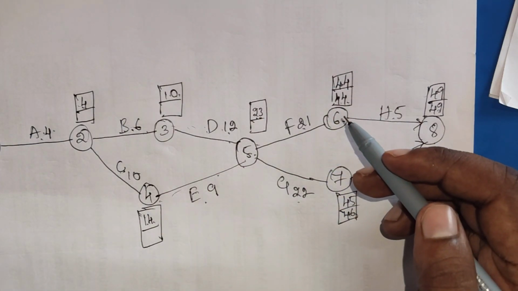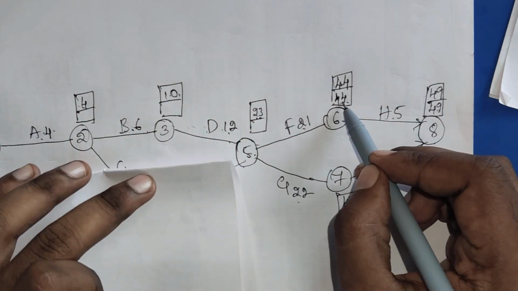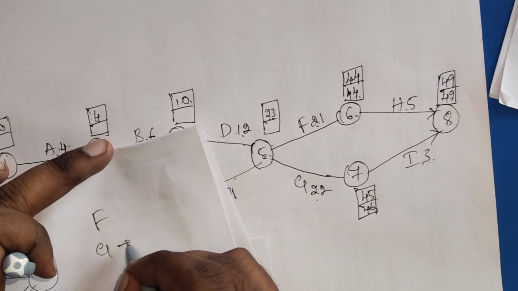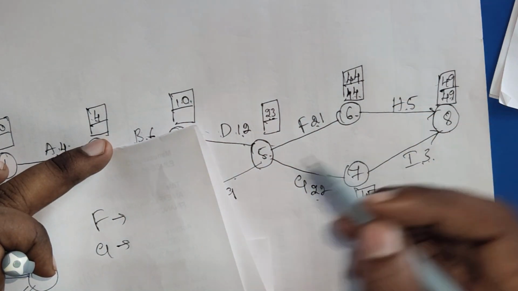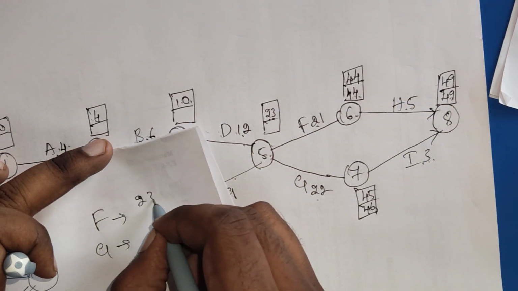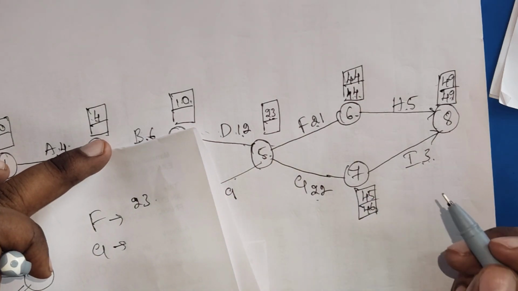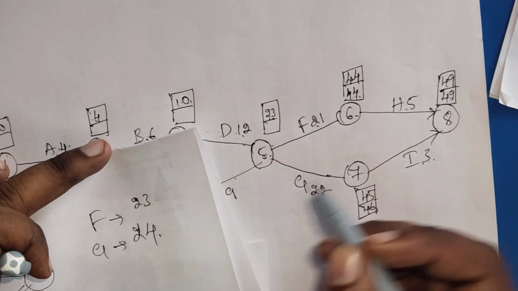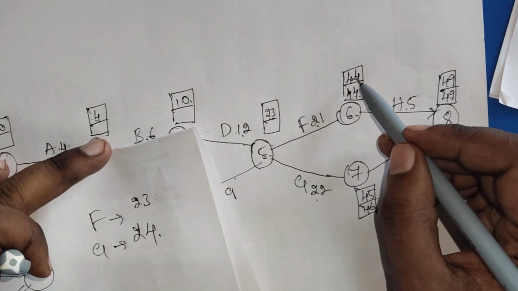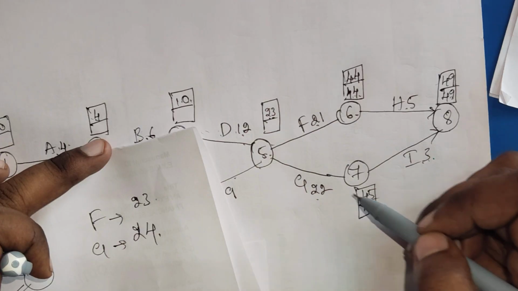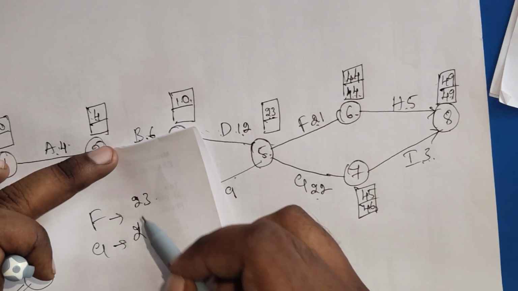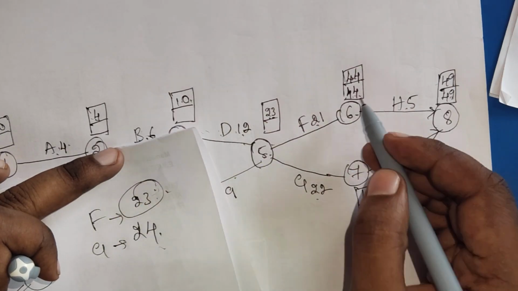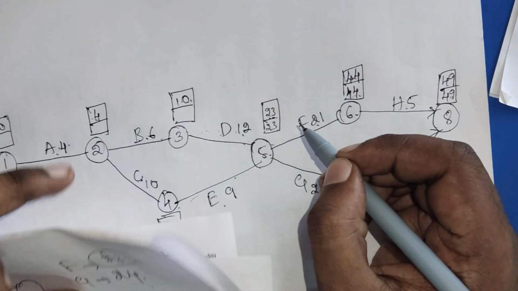One is from F, another is from G. 44 minus 21 is 23, and 46 minus 22 is 24. Which is low? We take the low one from the backward pass. It's 23, that's why we take 23.